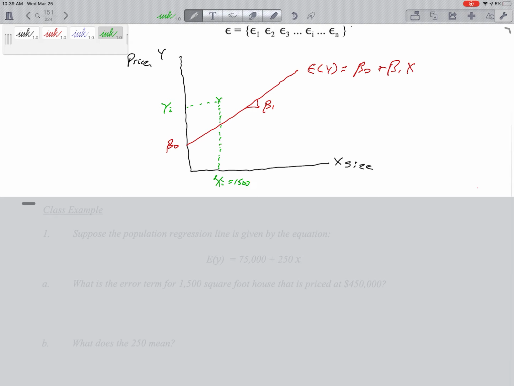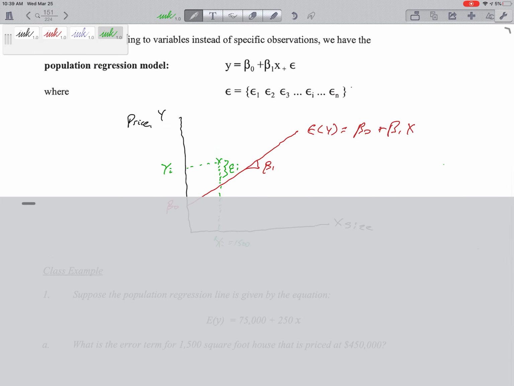Maybe that size here is, say, 1,500 square feet or something like that. This distance here we call epsilon i. Epsilon is error, and it just means stuff left over that we didn't account for, other factors that were not measured in the model.